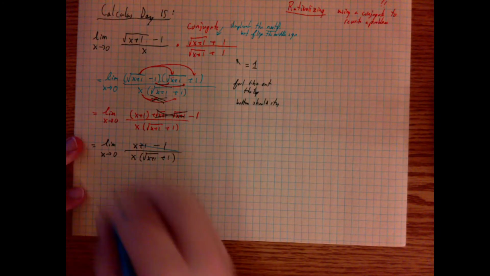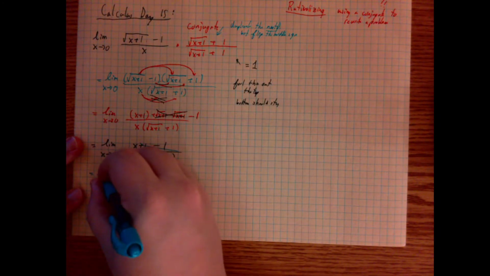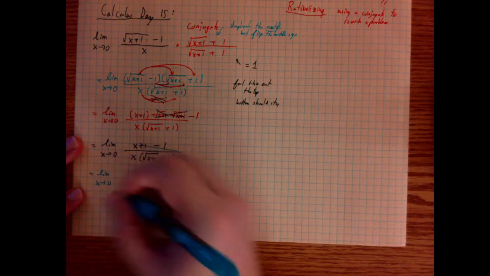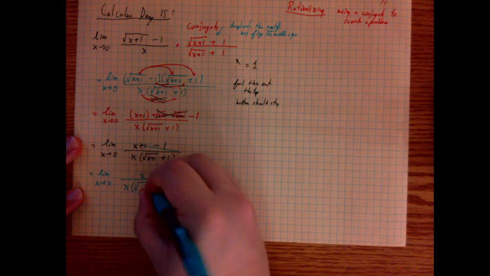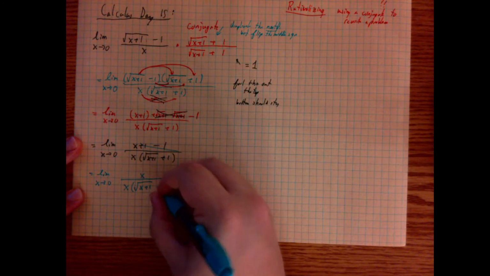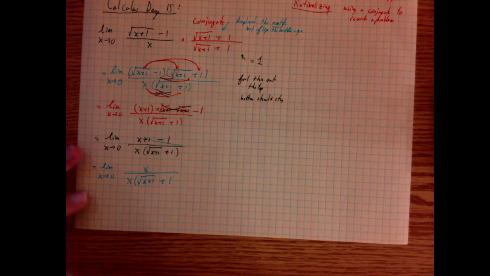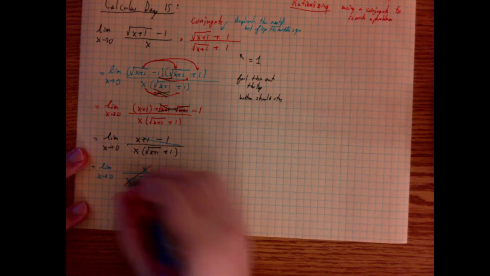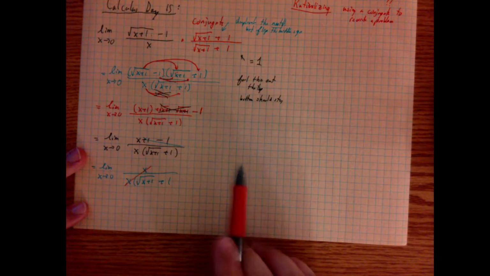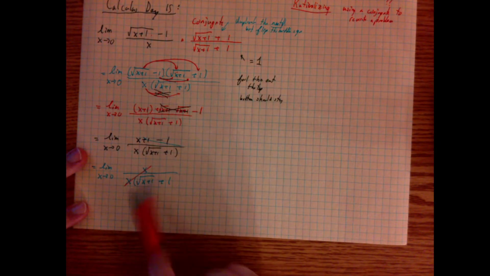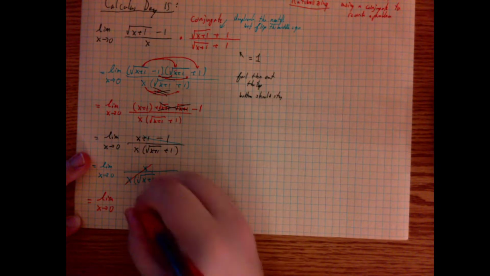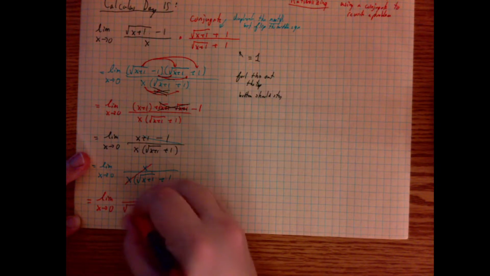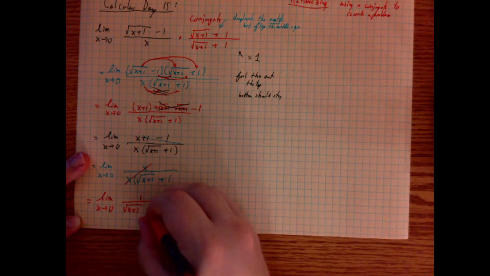The plus 1 and the minus 1 are going to cancel, leaving us with the limit as x approaches 0 of x over x, parentheses, square root of x plus 1 plus 1. And again, things are going to cancel. The whole point of using this conjugate is that if you do it correctly, a bunch of stuff ends up canceling, leaving you with this new limit. Limit x approaches 0 of 1 on top, and on bottom, square root of x plus 1 plus 1.